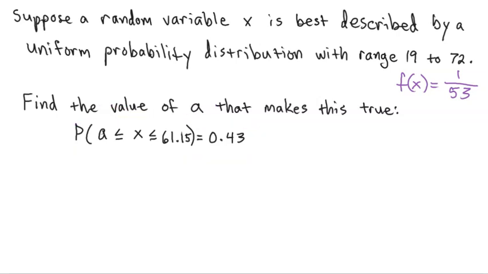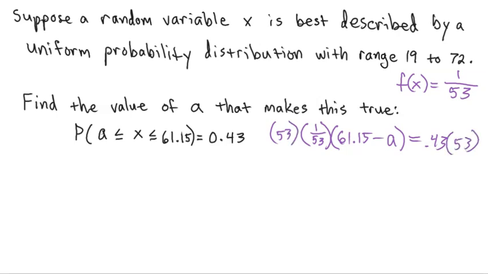Okay, so we're going to set it up. We're going to do our PDF, 1 over 53, times the larger number, 61.15, minus the smaller, which is going to be A, and that's what we're solving for, and that's going to be equal to 0.43.